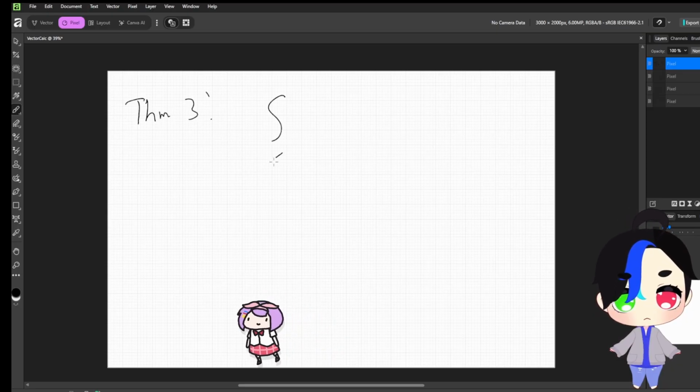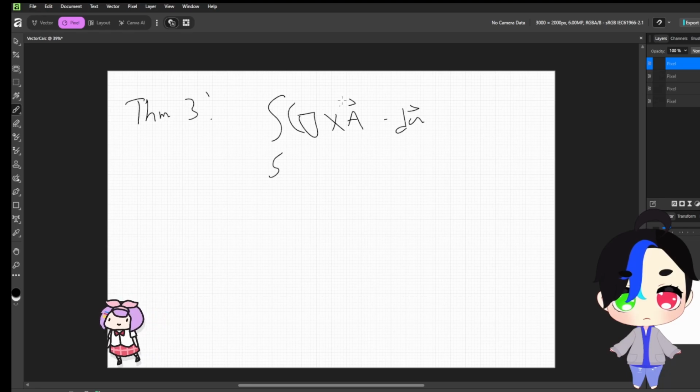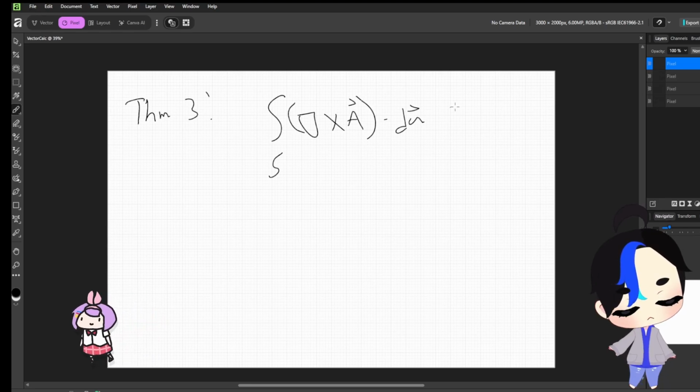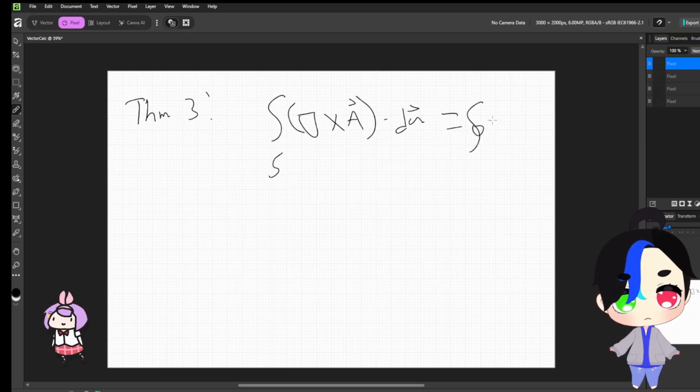If I take the surface integral over an open surface of the curl of a vector function, this ends up equaling the line integral of A dot dl.